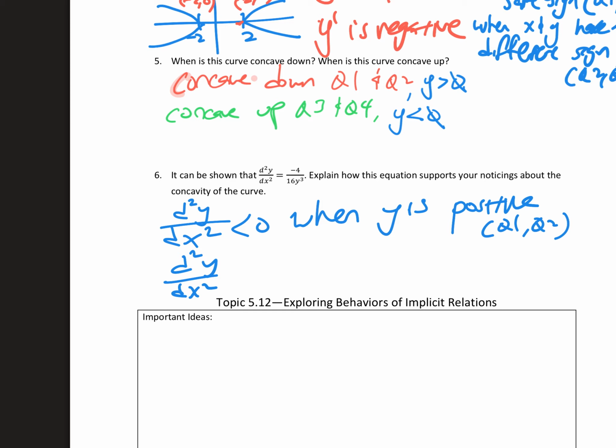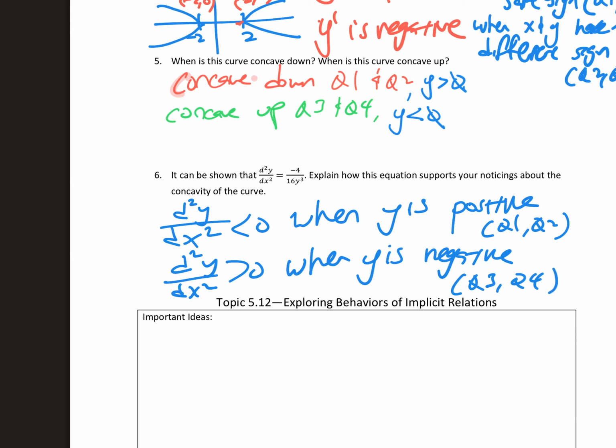So therefore, in this case, our second derivative for our relation is greater than 0 when y is negative, in quadrant 3 and 4, ultimately making our whole second derivative positive, and therefore we have a concavity of concaving up.